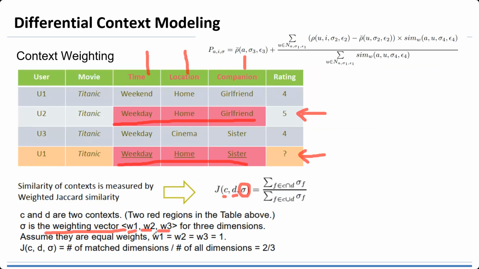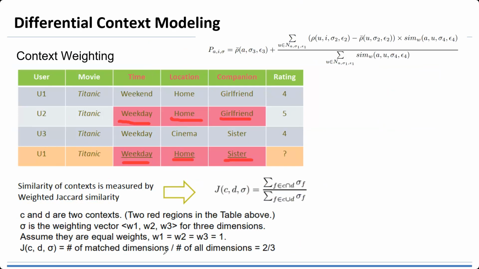Then I would like to do the Jaccard similarity. What is the Jaccard similarity? Let's find the similar value between those two: weekday and weekday, the same. Home and home, the same. Girlfriend and sister, different.